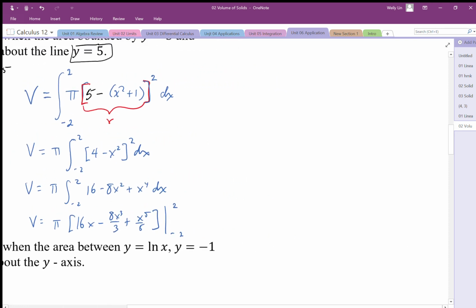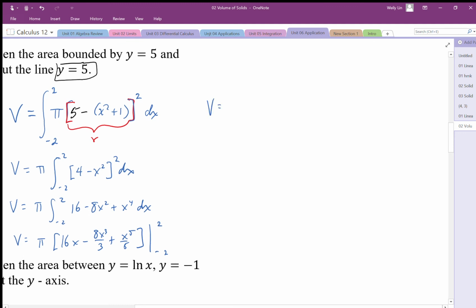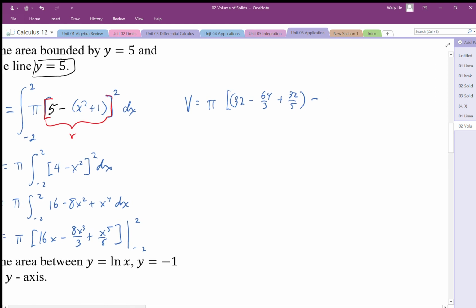So plugging in those values, I'm going to calculate my volume equals pi times 16 times 2, which is 32, minus 8 times 8, so 64 over 3, plus 32 over 5, minus the opposite of that, so negative 32, and negative negative gives me plus 64 over 3, minus 32 over 5.